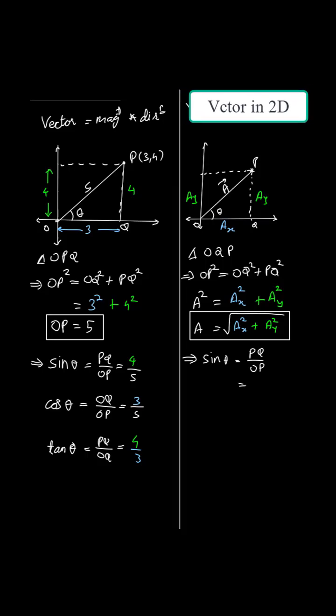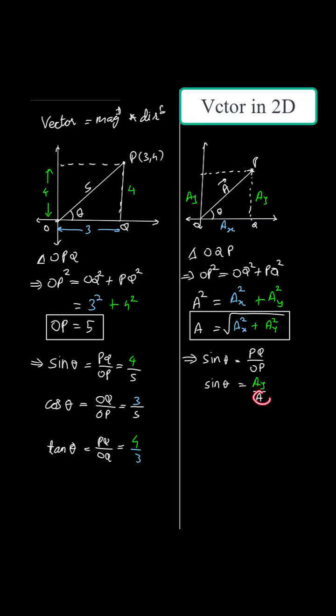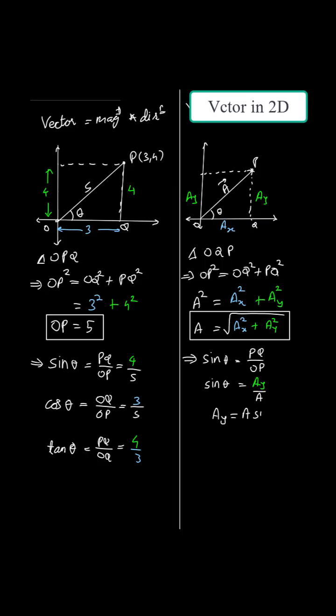Substituting the values, we get Ay upon A as sine theta. If we make Ay the subject, A will go to the other side in multiplication with sine theta. So we will get Ay is equal to A sine theta. This will give us the y component of the vector.